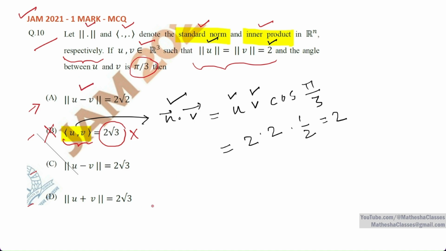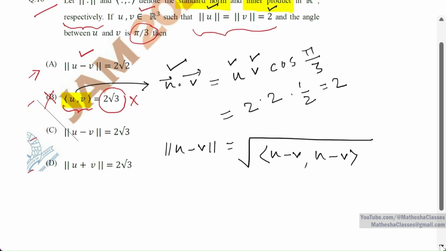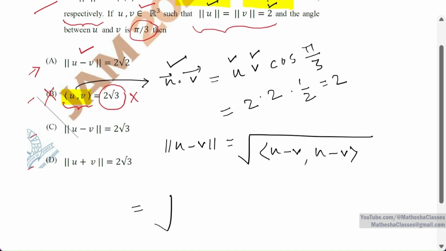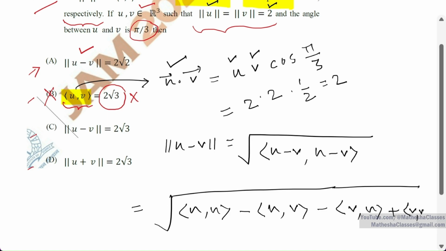So what is the formula for norm of u minus v? Norm of u minus v is equal to under root inner product of u minus v with itself. So if you expand this inside the square root, you will have the inner product of u with itself, minus inner product of u with v, minus inner product of v with u, plus inner product of v with itself.